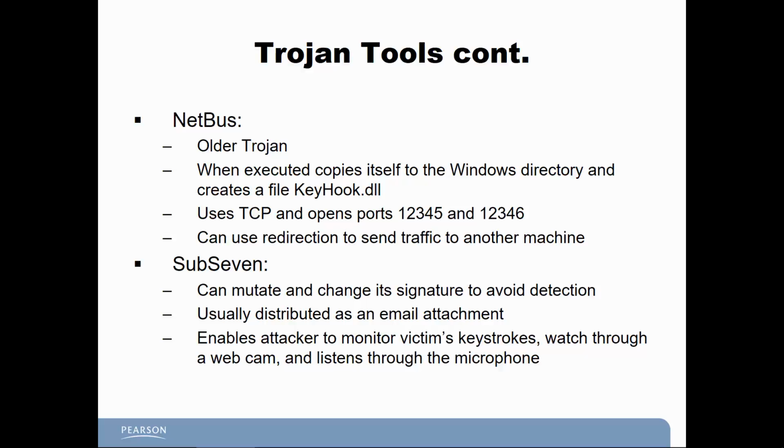Sub7 can manipulate and change signatures to avoid detection, and is normally distributed via email, but it allows attackers to monitor victims' keystrokes, as well as webcams and microphones. So again, each tool does specific things, so it's important to understand each of them.